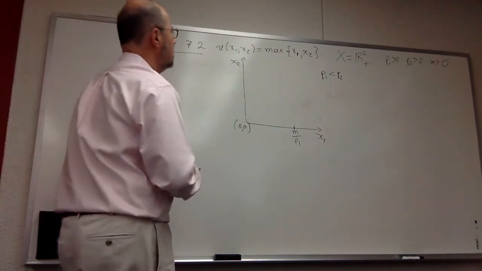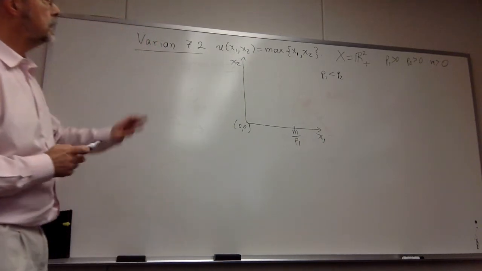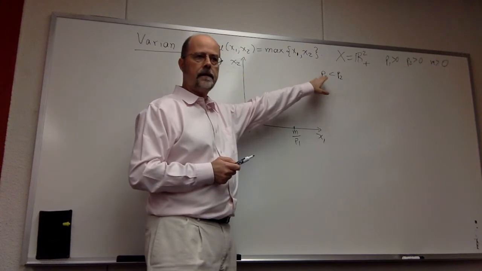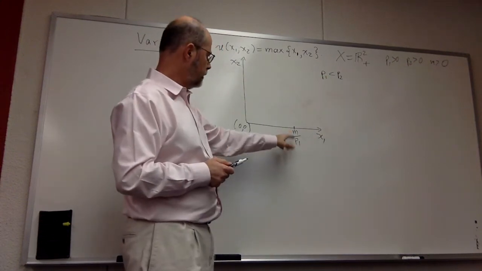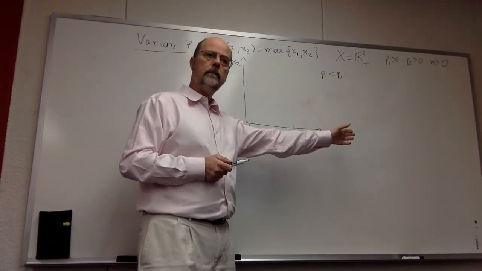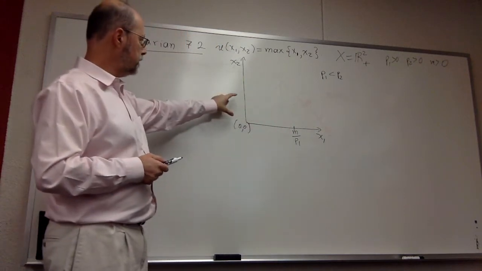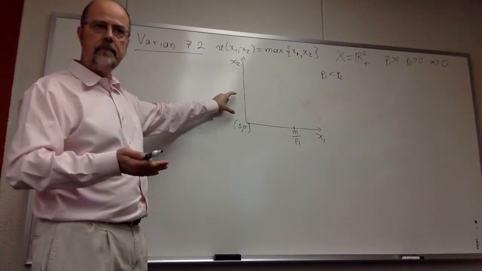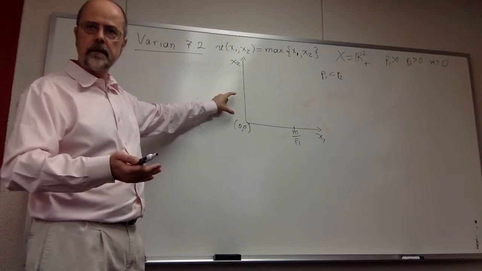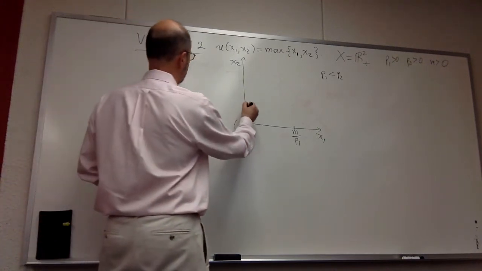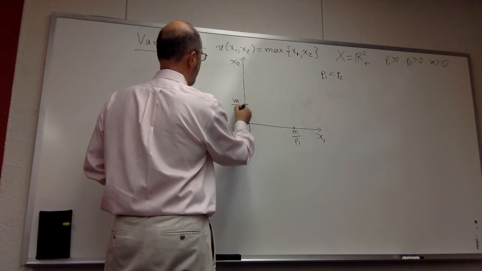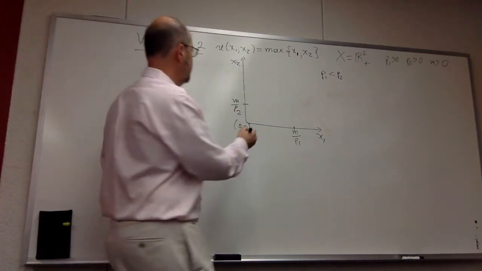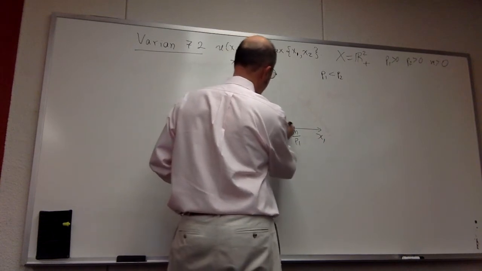Okay. So for this case, M over P1 is somewhere here. M over P2 should be a smaller number, right? Because we take the same number M and we're dividing by a bigger number. So let's put it, I don't know, here. Agreed? So the budget line looks like this.